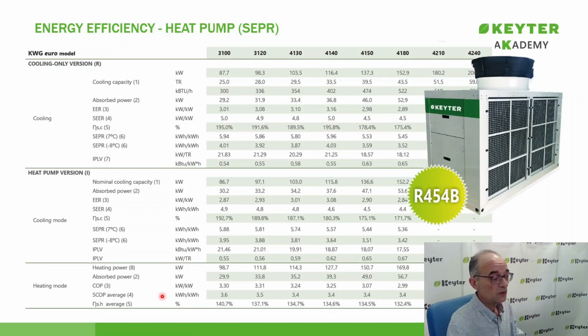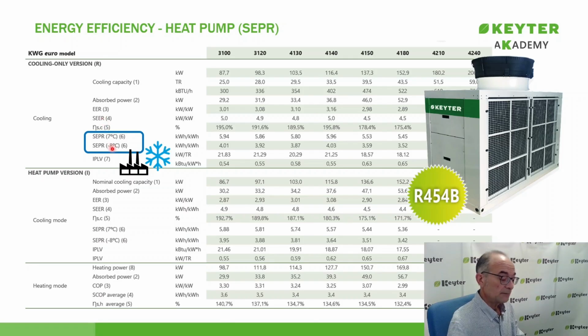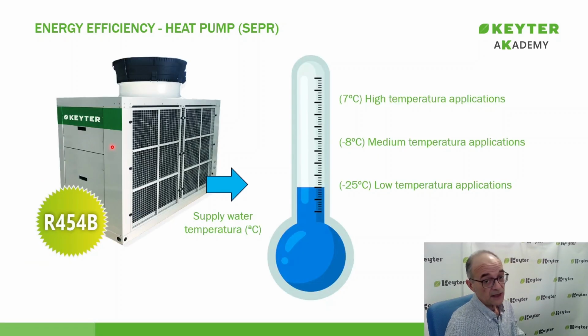Finally, if we look at the equipment's data sheet, we will see that we have that SEPR with a supply temperature at 7 and at -8, operating in cooling mode and working as a process chiller, which is different from the SEER. It's completely different from the SEER. And we will define that it operates at high temperature when the water supply temperature is 7 degrees, at medium temperature when the water supply temperature is -8, and at low temperature when we are working with a water supply temperature of -25 degrees.